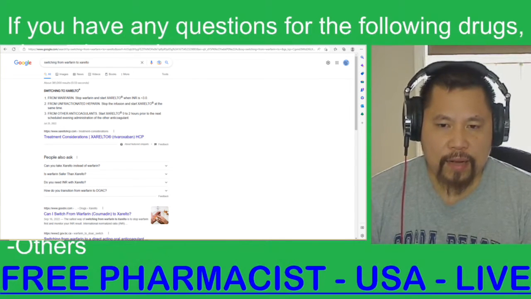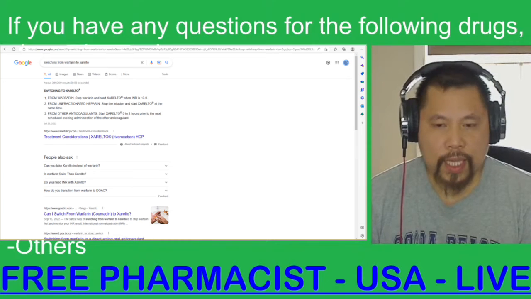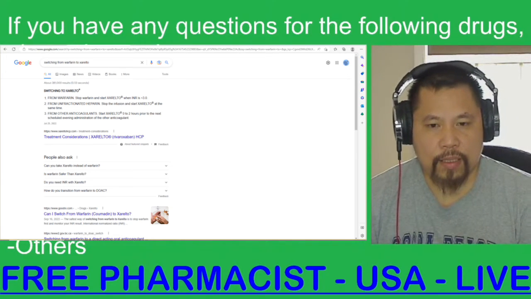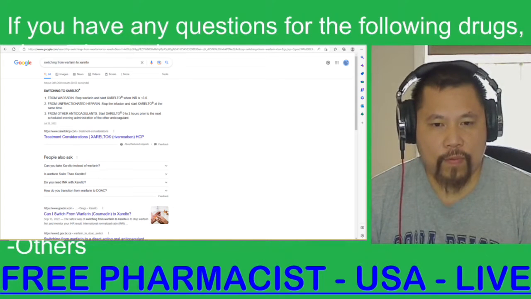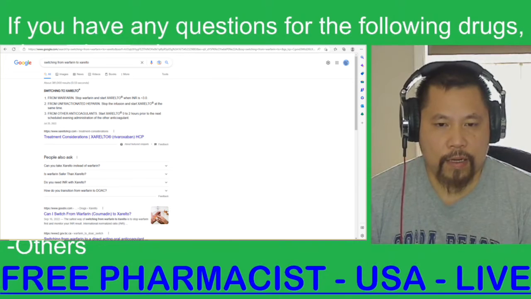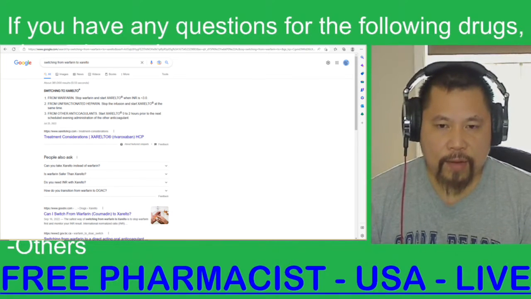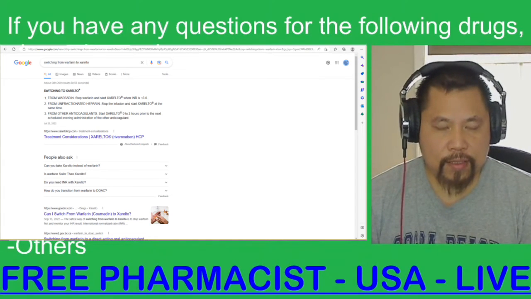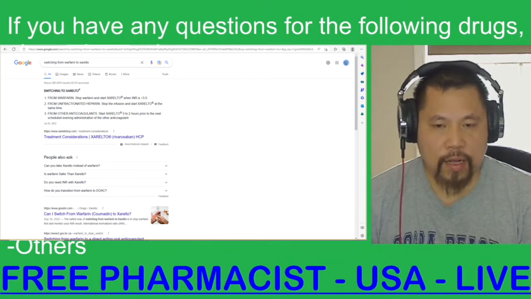If the INR is about 3.2, then I would say stop the warfarin for 1 day, and go ahead and take Xarelto the next day. But if it's 3.5, then I might recommend to stop warfarin for 2 days prior to taking Xarelto.